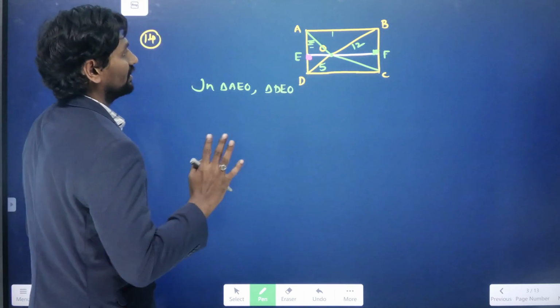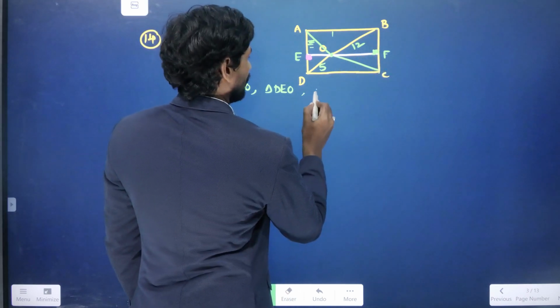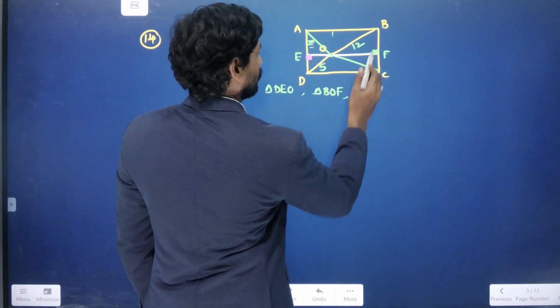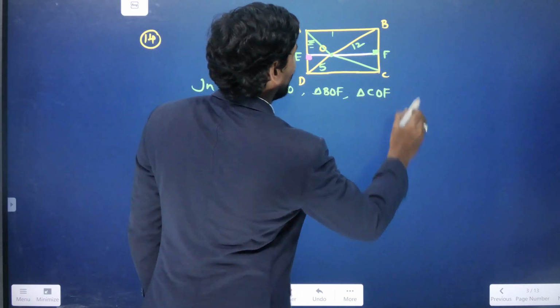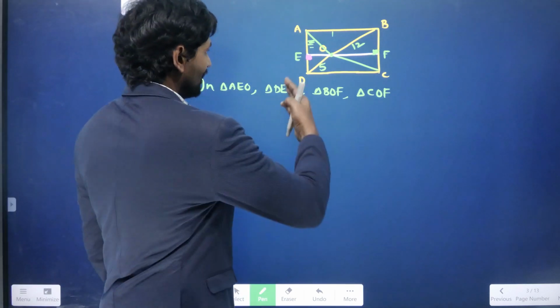Two triangles are completed. Let us go to this side: triangle BOF and triangle COF. So if you find these four right angle triangles, try to apply the Pythagoras theorem.